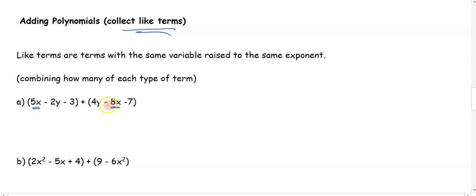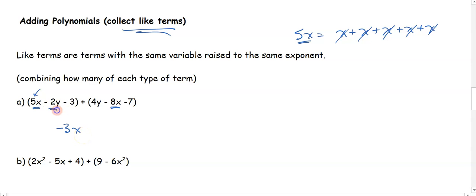So 5x minus 8x is negative 3x. The number in front, the coefficient, just tells you how many x's you have being added together. 5x is the same as x plus x plus x plus x plus x, so you have 5 of them. When you're taking away 8 x's, you're going to end up with negative 3 of them. So that's what collecting like terms is.